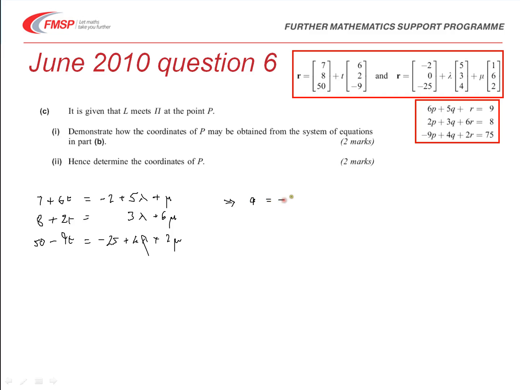So if you rearrange each of these equations in turn, you will have the fact that 9 equals negative 6t plus 5 lambda plus mu. The next equation will give you the fact that 8 equals negative 2t plus 3 lambda plus 6 mu.